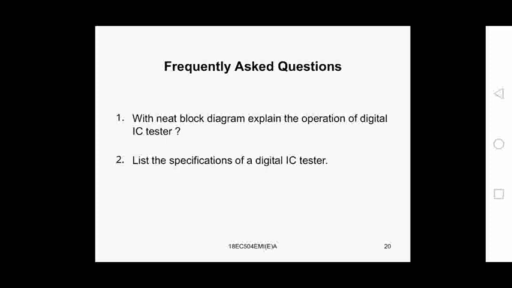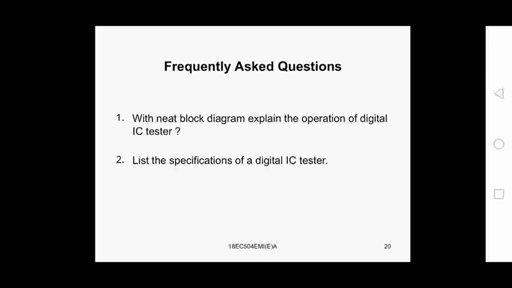If it comes for 1 mark, what is a digital IC tester, then you have to simply write that it is used to test the digital IC whether it is working properly or not by touching. You can write like by touching the IC, by giving the power supply. If it is not heating up, it is working fine.